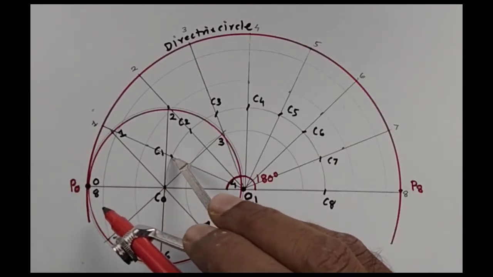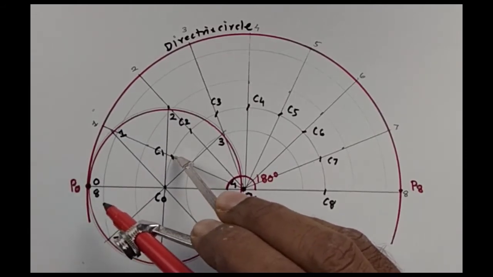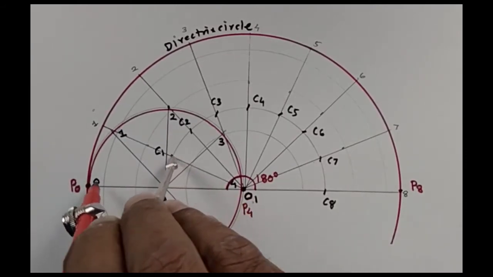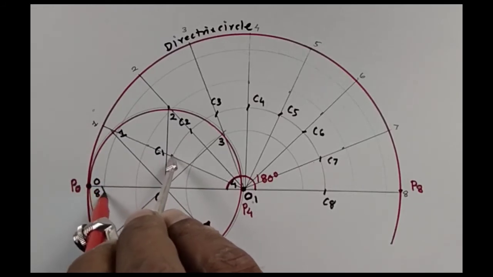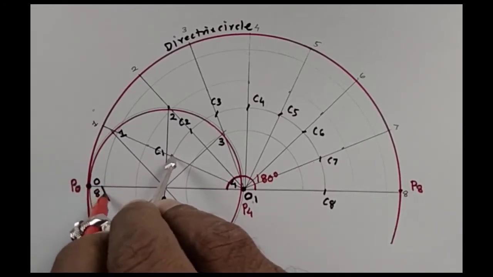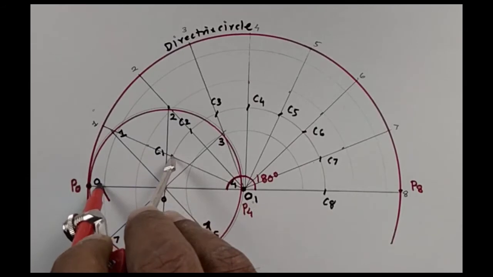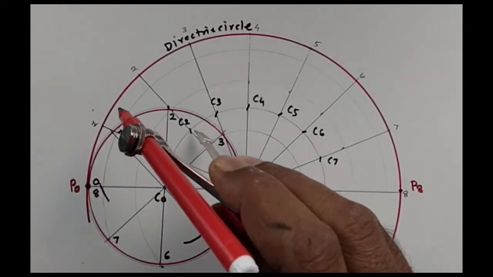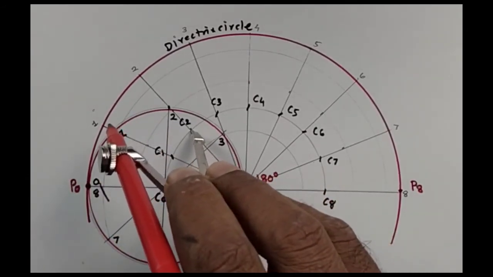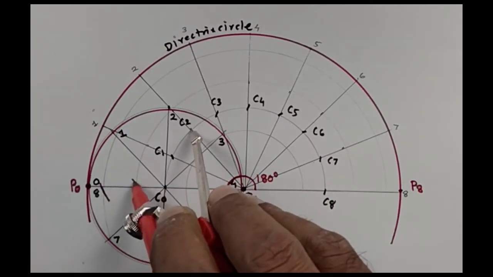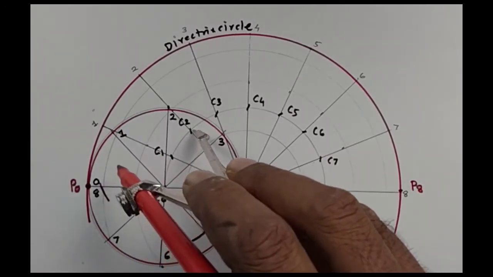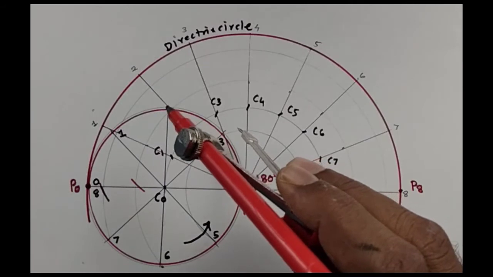Similarly, I choose the C1 center and draw the arc on the 1 number circle, which passes through rolling circle points 1 and 7. So it is my P1 point. Then I choose the C2 center and draw the arc on the 2 and 6 circle. So it is exactly on our straight line.